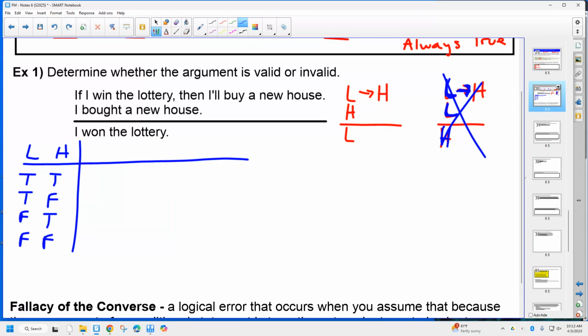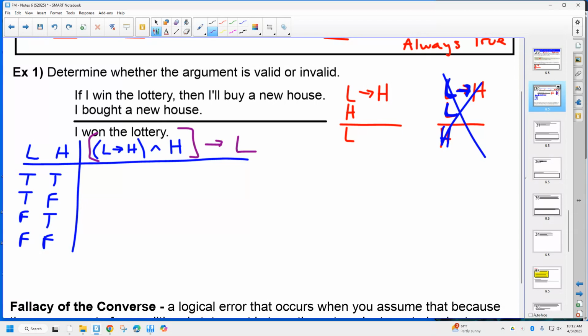So you say, okay, premise 1, L implies H, and premise 2. Let's put those inside brackets. Implies the conclusion. That would be your setup.